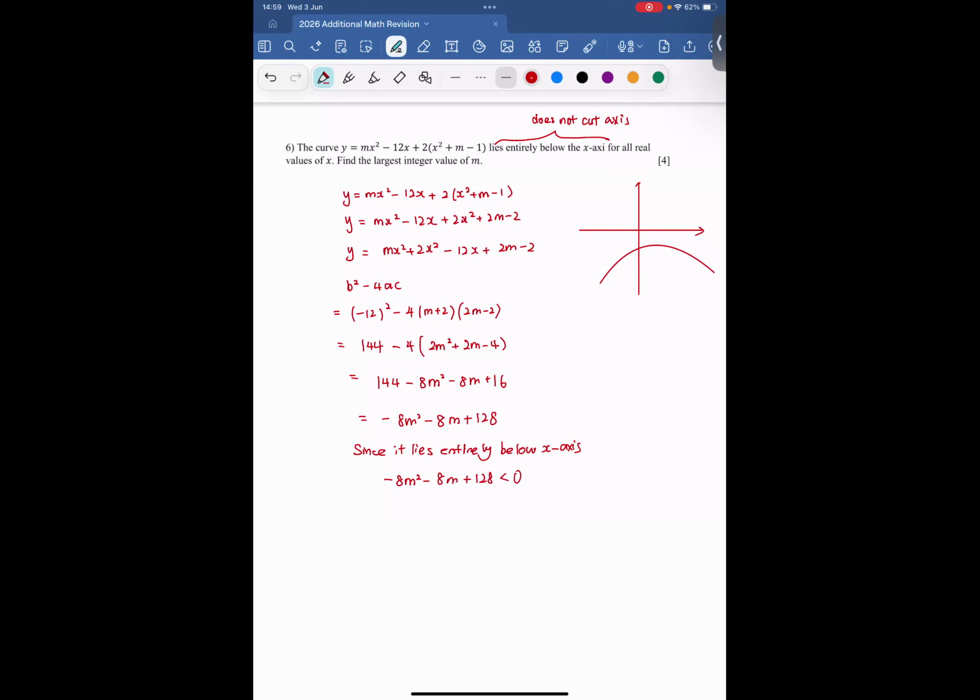So first things first, make your square positive, so we bring it to the other side. Next, we divide by 8.